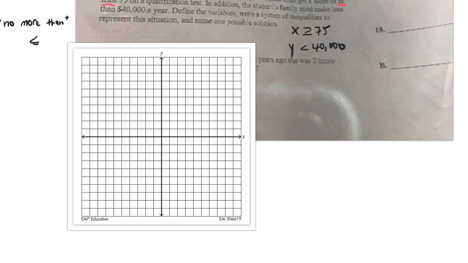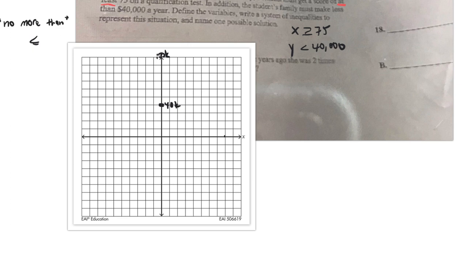that's a horizontal line. I am seeing, however, that it's going to be annoying to graph this. We could call this 100,000 right here, and therefore this right here would be 40,000. Okay, we could do it that way. With regards to X being greater than or equal to 75, that's kind of tricky.